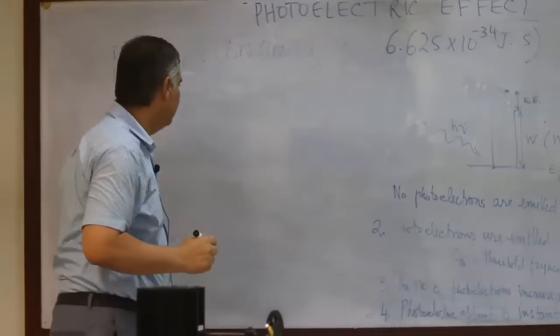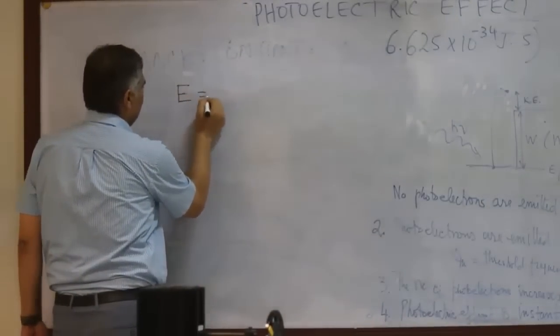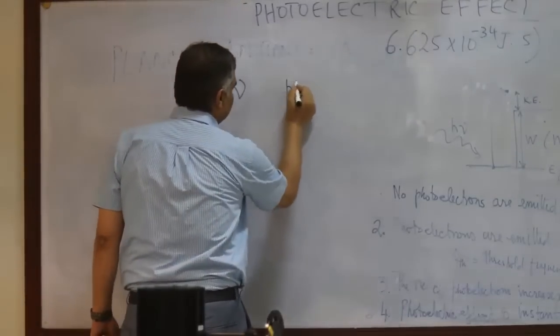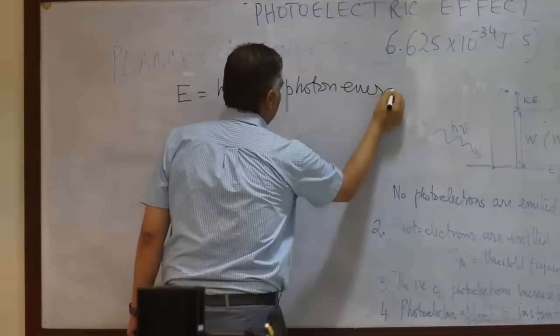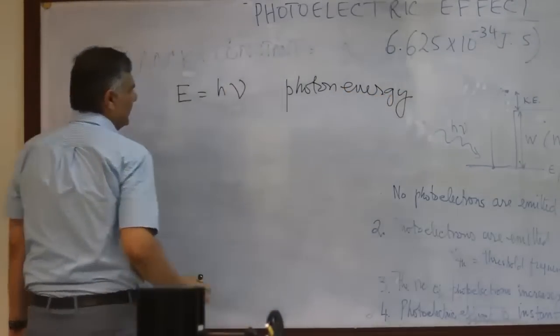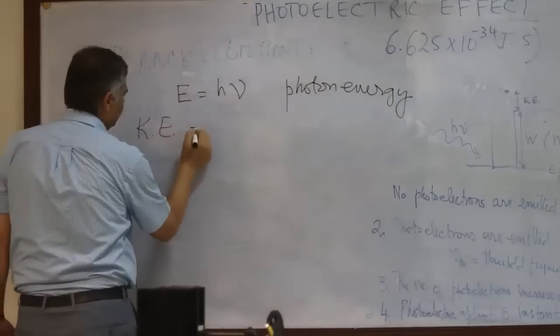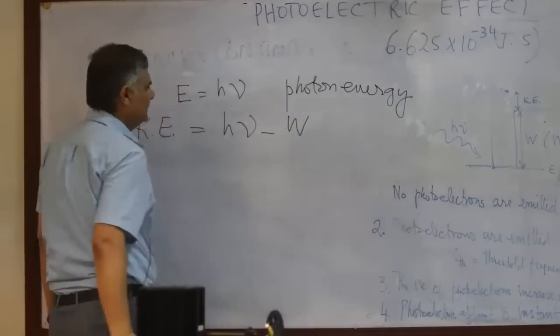Now quickly we have E is equal to h nu, which is the photon energy, and I can write down the kinetic energy of the electrons is h nu minus W.